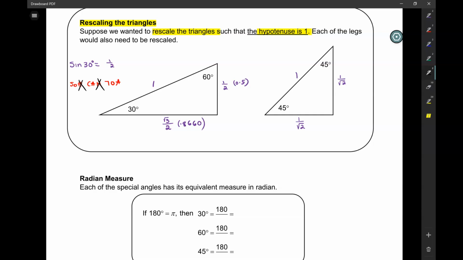So instead of it being SOHCAHTOA, it's like SOHCAHTOA, right? So it's just sine is opposite, not opposite over hypotenuse, and cosine is adjacent, not adjacent over hypotenuse. You see why we did it? Because it makes it a lot more efficient in what's coming later. Okay? So no more of this dividing by hypotenuse business.